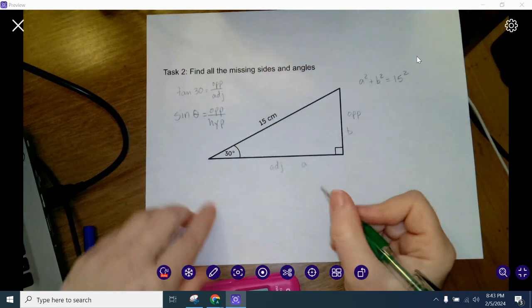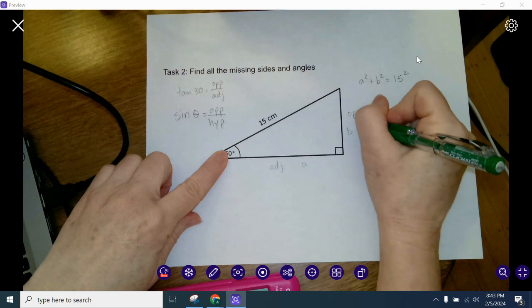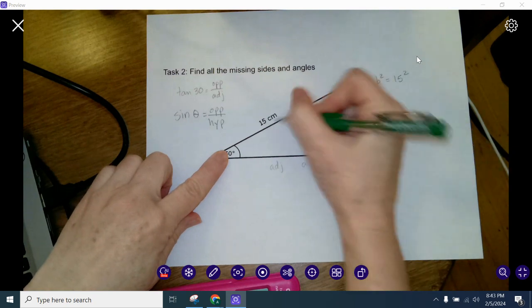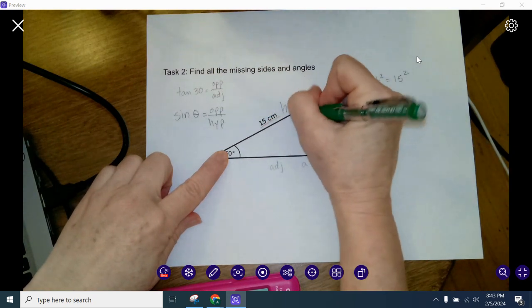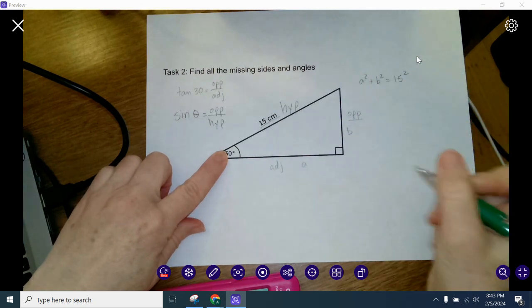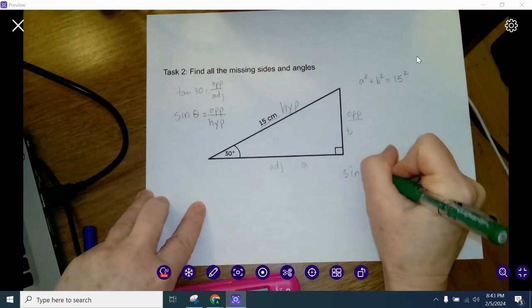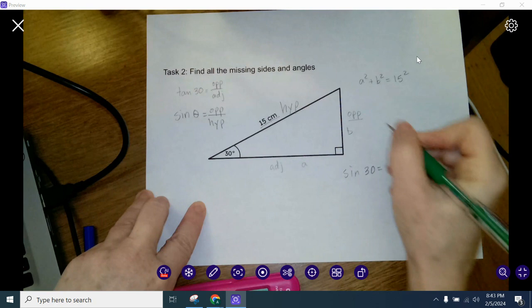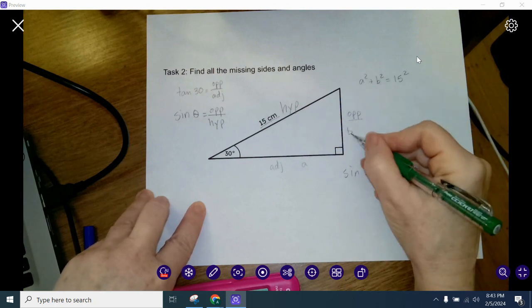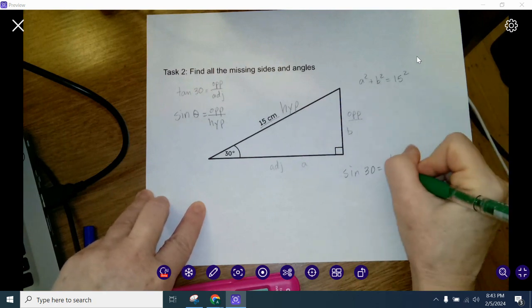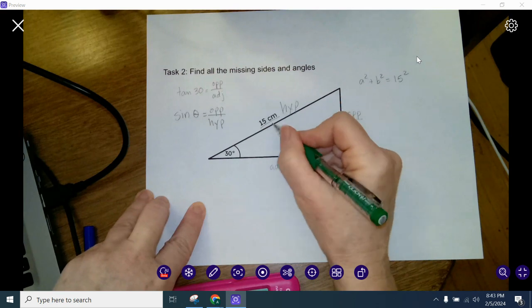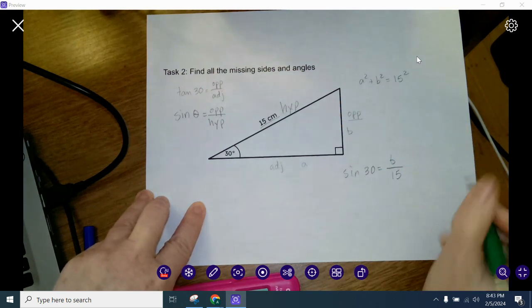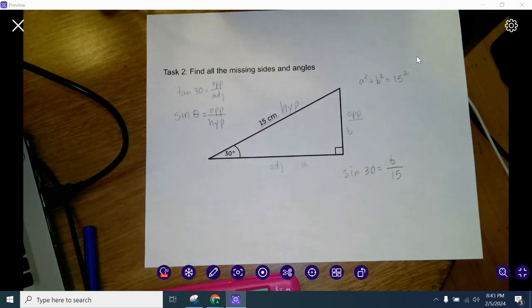So I can set this up because we're going to find the opposite and we know the hypotenuse. So I can say that the sine of 30 is equal to the opposite. Notice I had labeled that b before, so I'll go ahead and use b, over the hypotenuse, which is 15. And now I can take a table.